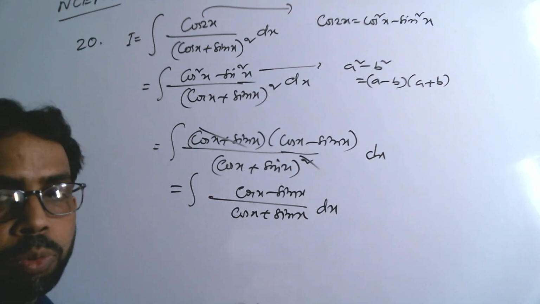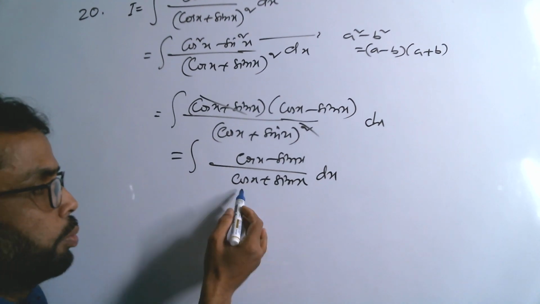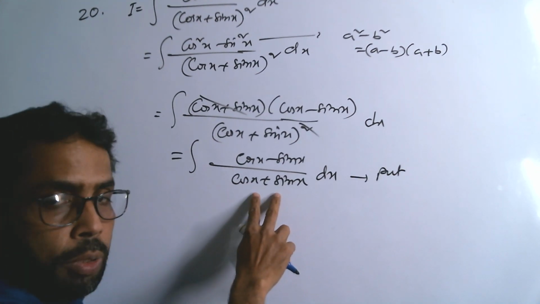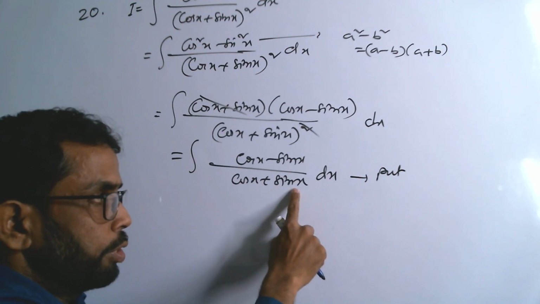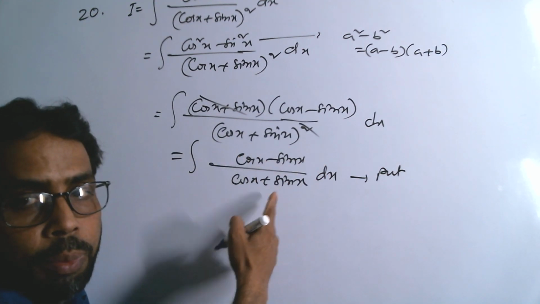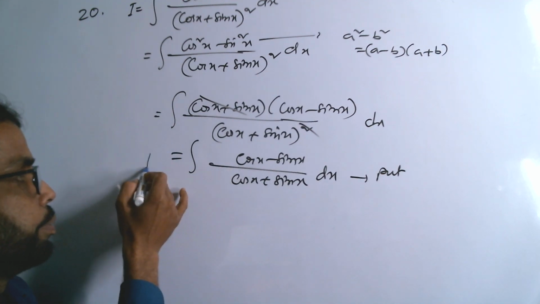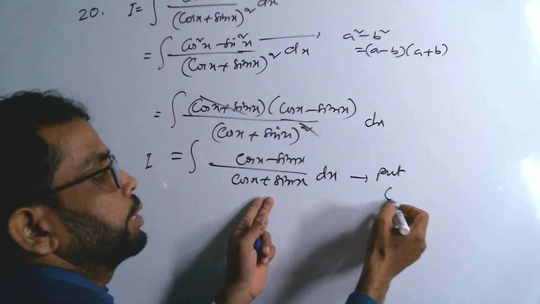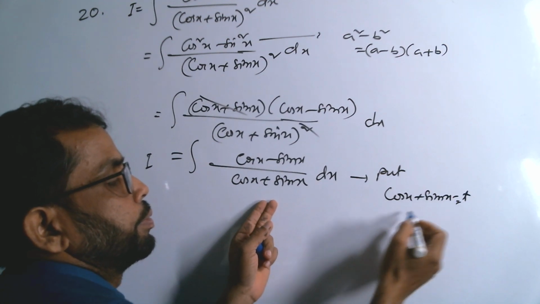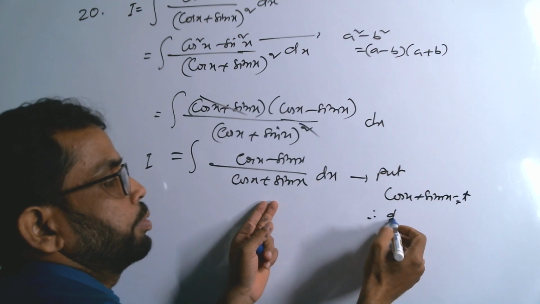Now this integration we must do by the substitution method. We will put the denominator equal to t. Very clearly we can understand, if we put the denominator as t and differentiate the denominator, we will get the numerator. The numerator is the differentiation of the denominator. So by the substitution method, put the denominator equal to t. Then differentiate both sides.